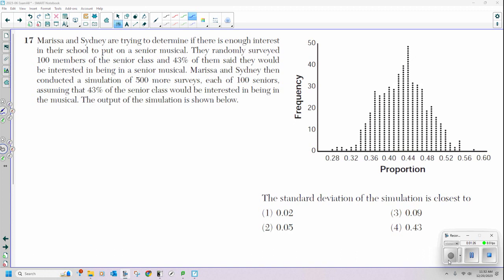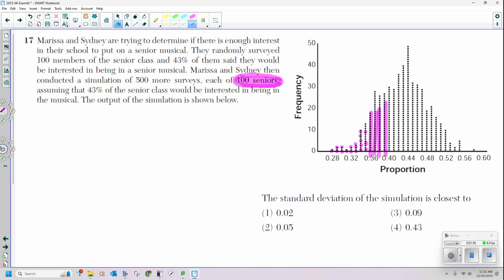The output of the simulation is shown below, but for the sake of fitting everything on the screen, it is to the right, okay? Now, what does that mean? Each one of these dots, one dot represents one simulation of 100 seniors.